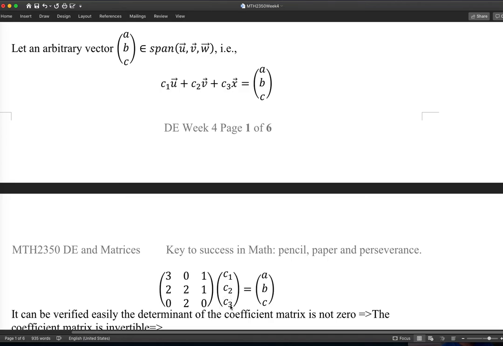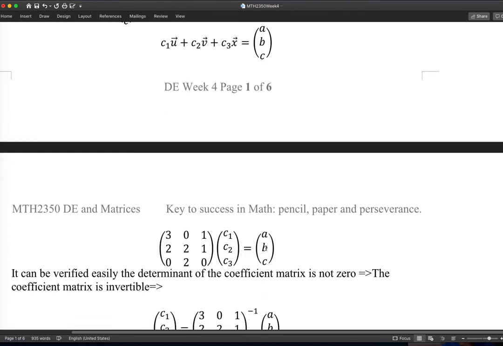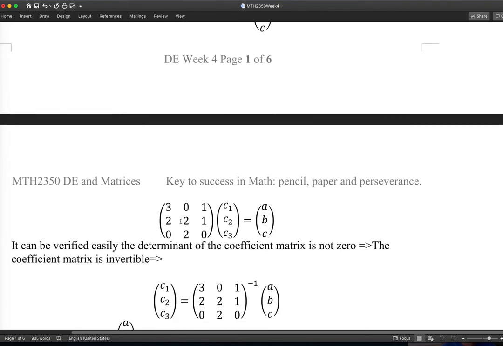Then C1, C2, C3 for any vector. And indeed, for any vector in the three-dimensional space, in R3, we can always find a unique solution, because I suppose you know this 3 by 3 matrix is invertible. Do you know why it is invertible?